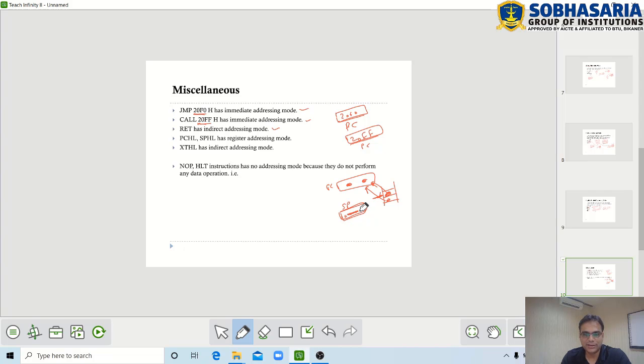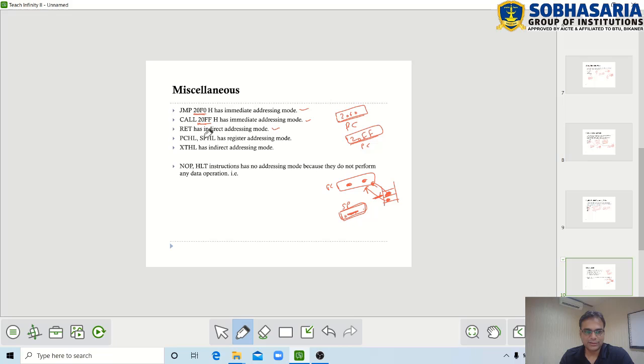That is the reason this instruction has indirect addressing mode, because the CPU is accessing the data and loading it into the program counter, and the CPU does not know what the data is, but the CPU knows the address of the data, and that address is available in the stack pointer. So the CPU is accessing the stack pointer as a pointer, right?